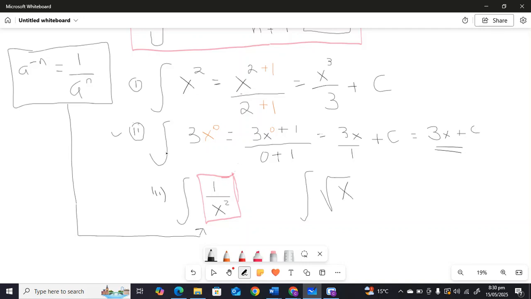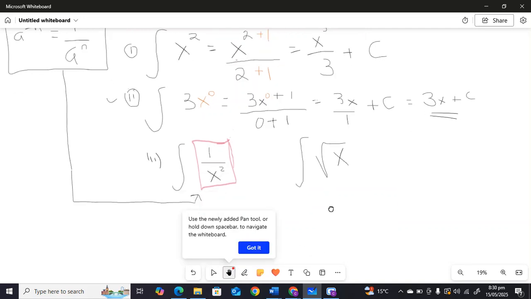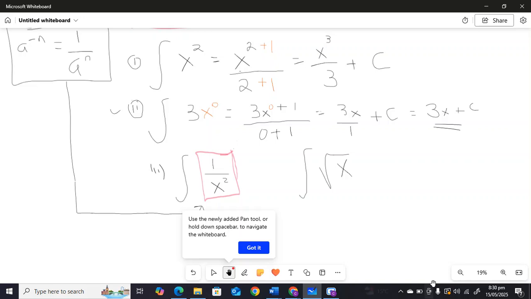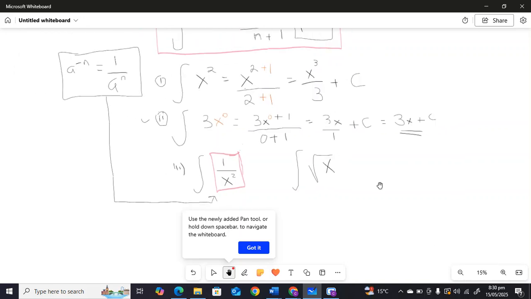So if we apply this law of indices, colleagues, Mr. Twambo, your second try, what does it become? Do not worry, this video is being recorded, colleagues.